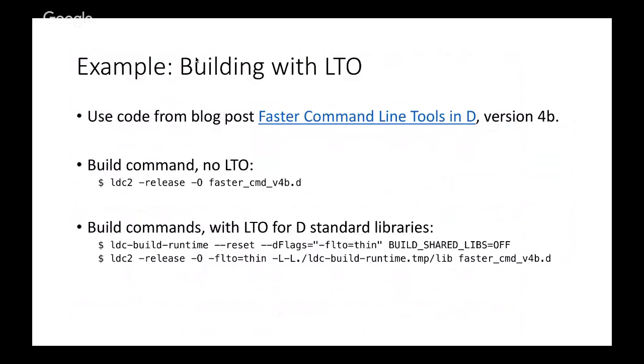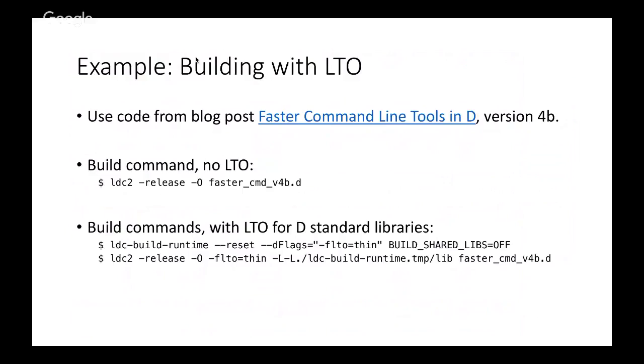The build line for no LTO is just LDC2 -release -O and the build. To build with LTO in its completely full form, you first run the build runtime tool. You don't need that reset flag if you're doing it initially.